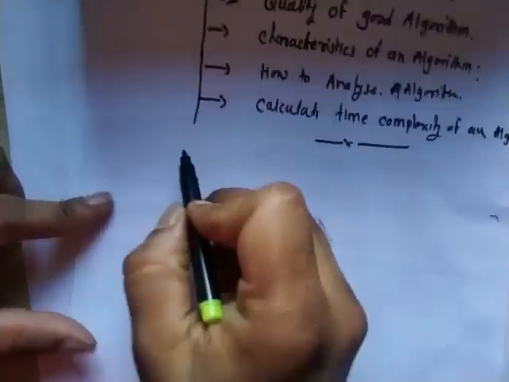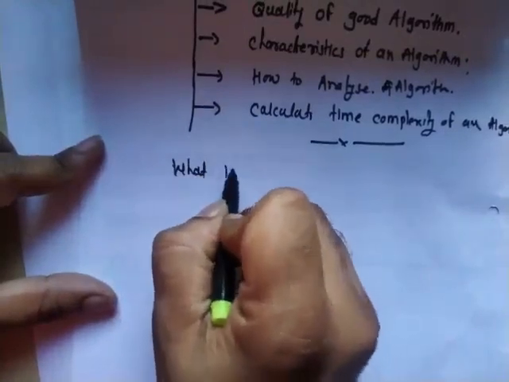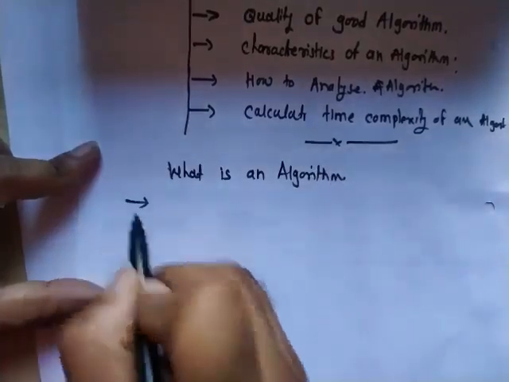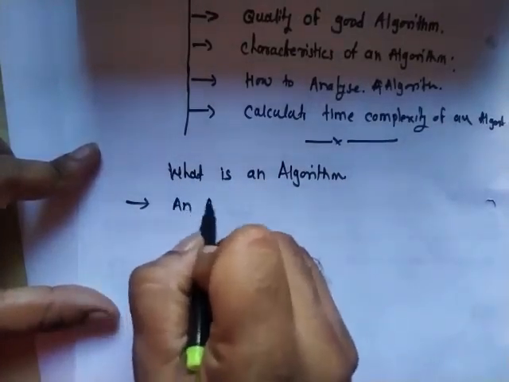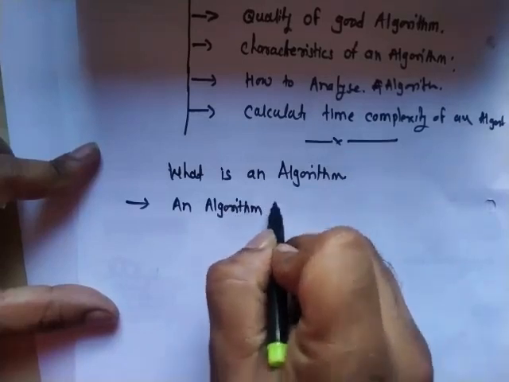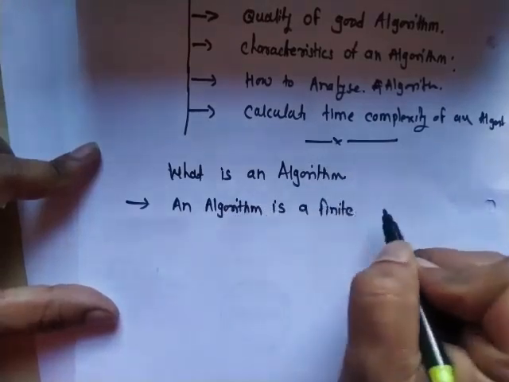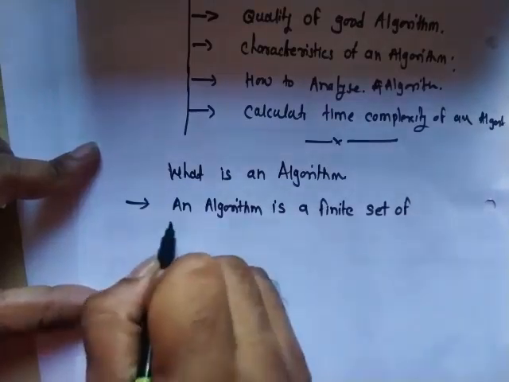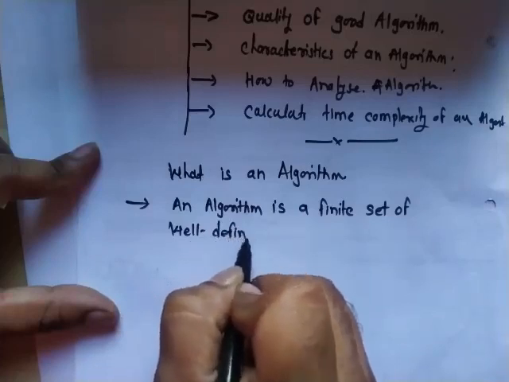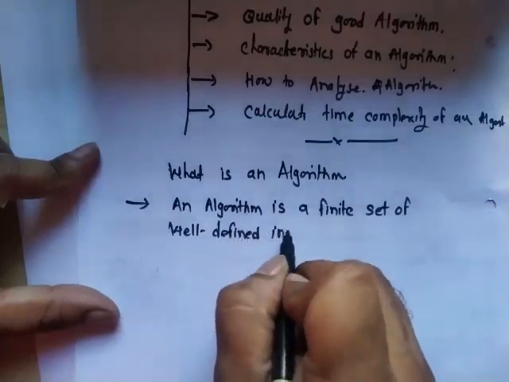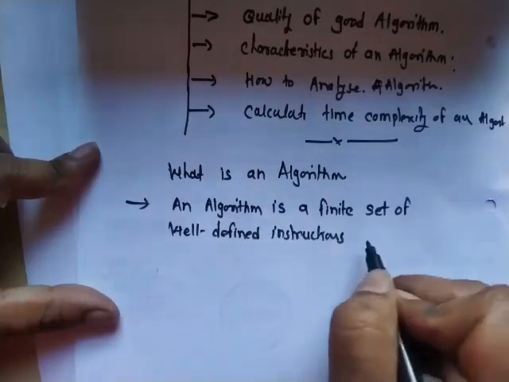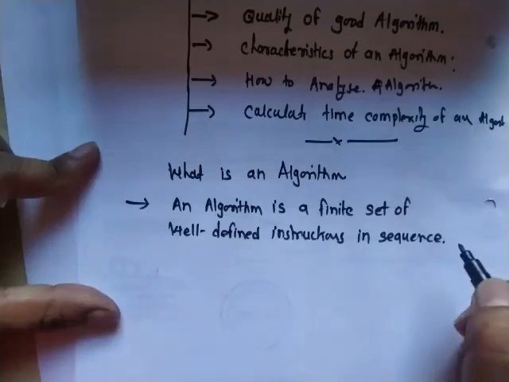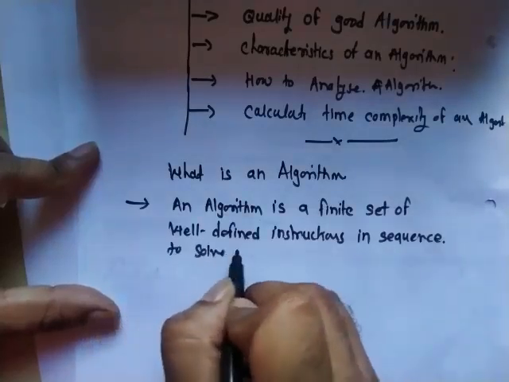what is an algorithm. An algorithm is a finite set of well-defined instructions in sequence to solve a problem.